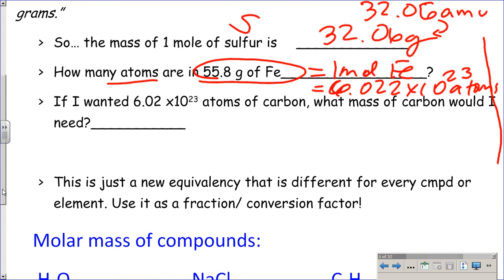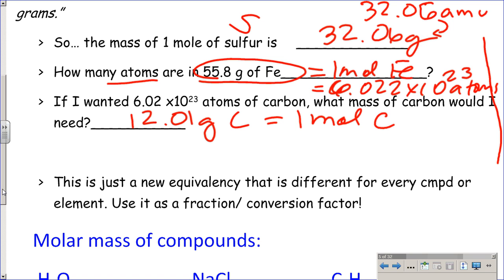Next, if I wanted 6.022 times 10 to the 23rd atoms of carbon, how would I get that if I had to mass it out? What would I mass? What's the mass? 12.01 grams of carbon. Because 12.01 grams of carbon is technically equivalent to 1 mole of carbon.